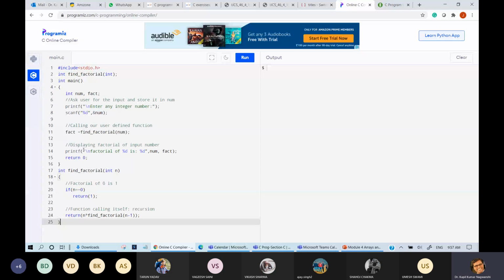Yes, sir. This is our factorial program. So our base case is if n equals to 0, it will return 1. Otherwise, this will call the factorial function.